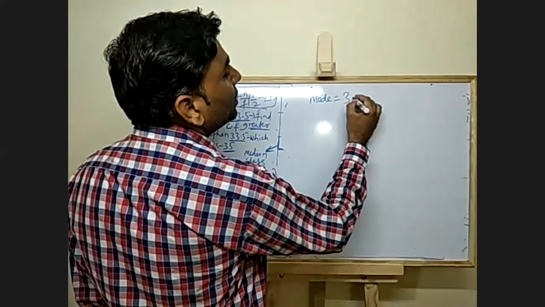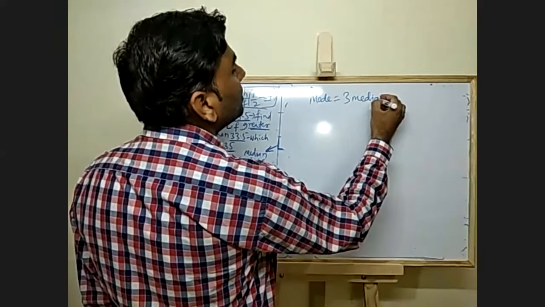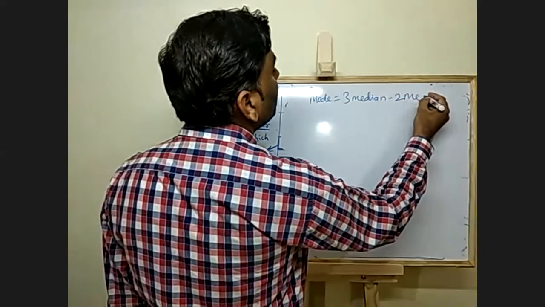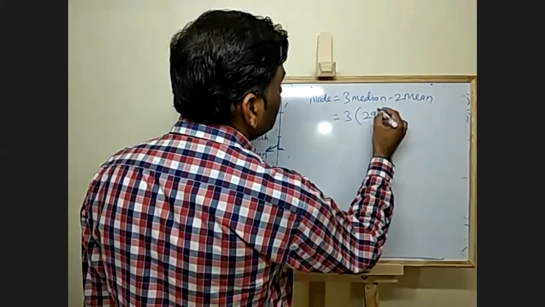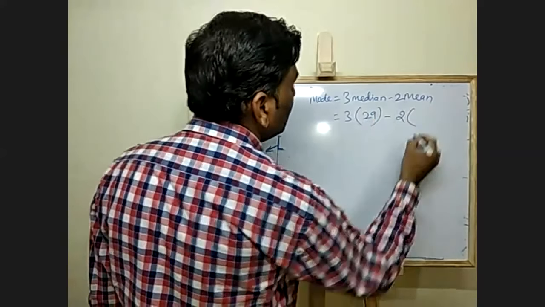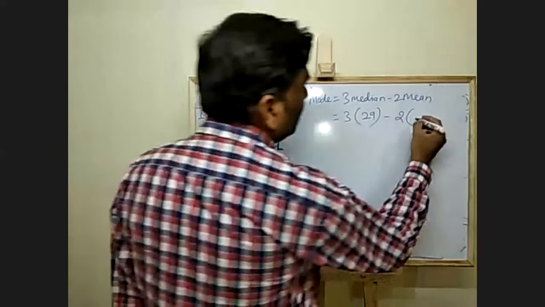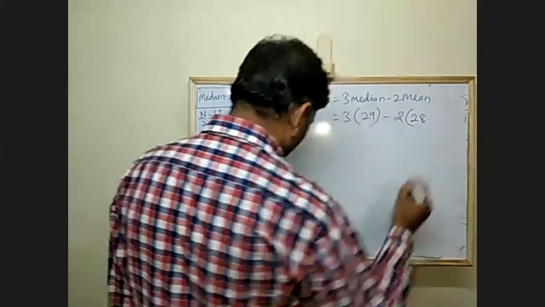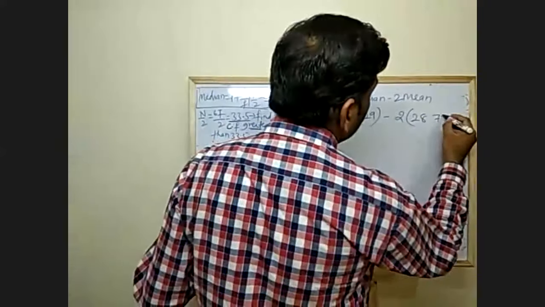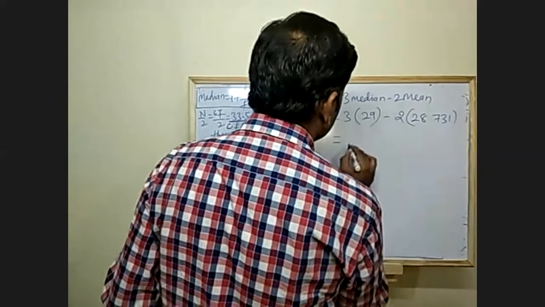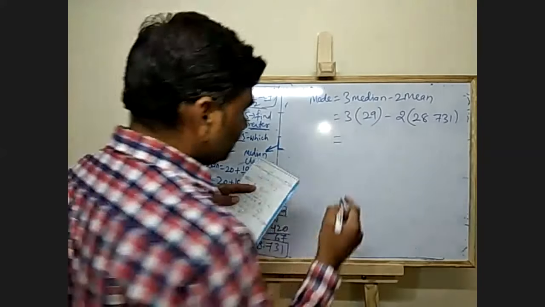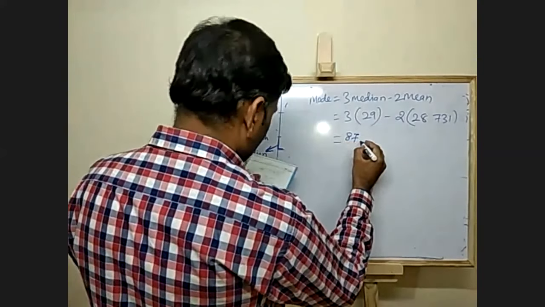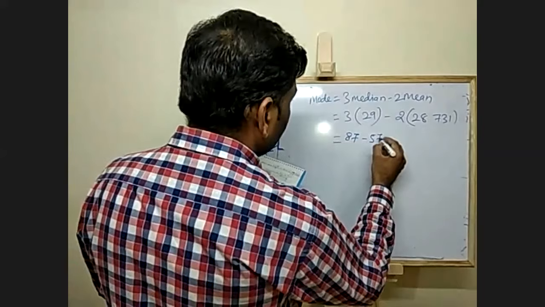Mode equal to 3 median minus 2 mean, which is equal to 3 into median is 29 minus 2 into mean is 28.731. So this is equal to 87 minus 57.3.